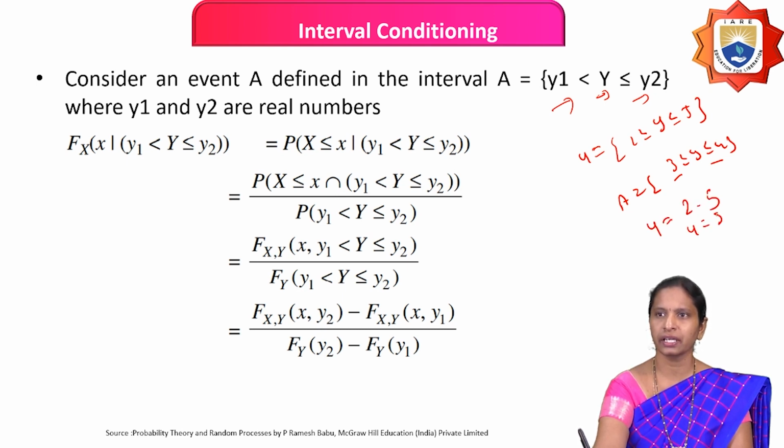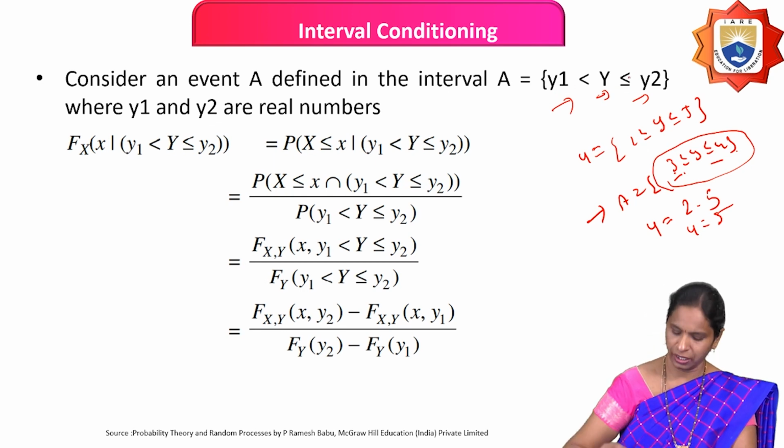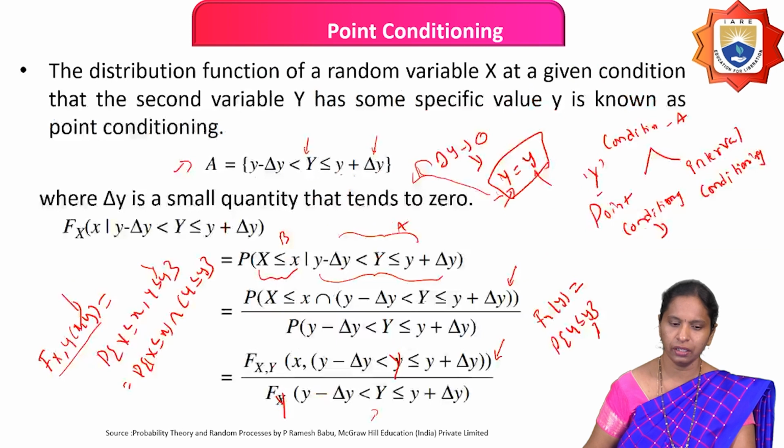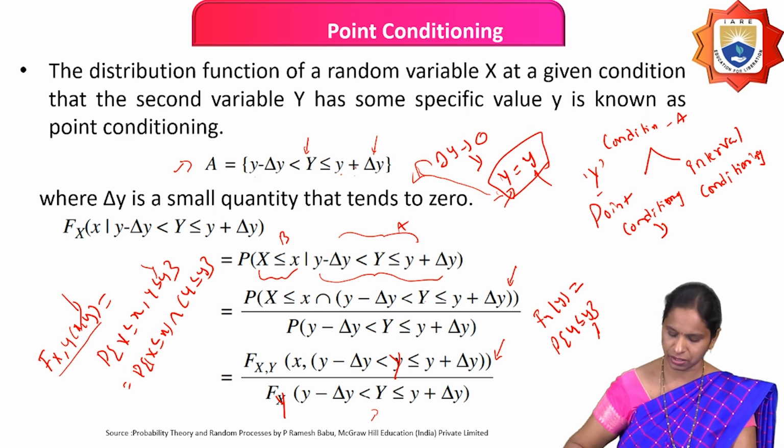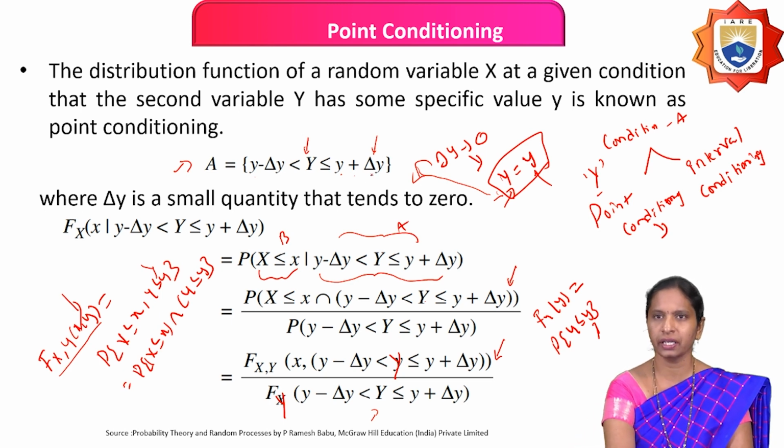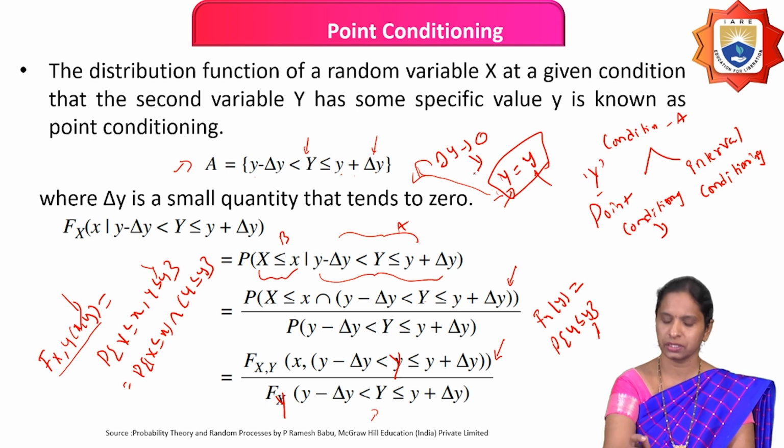But in interval conditioning, the random variable y takes an interval of values. Therefore, the conditioning event A equals y1 less than y less than or equal to y2. It is the same as the previous case, but in place of y minus delta y you get y1, and in place of y plus delta y you get y2. For point conditioning, delta y equals 0, therefore it becomes y equals y.